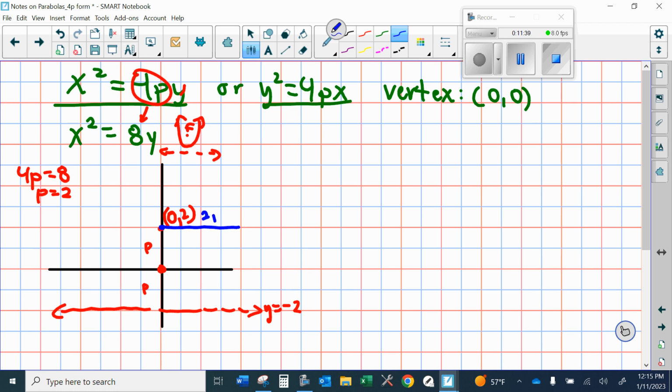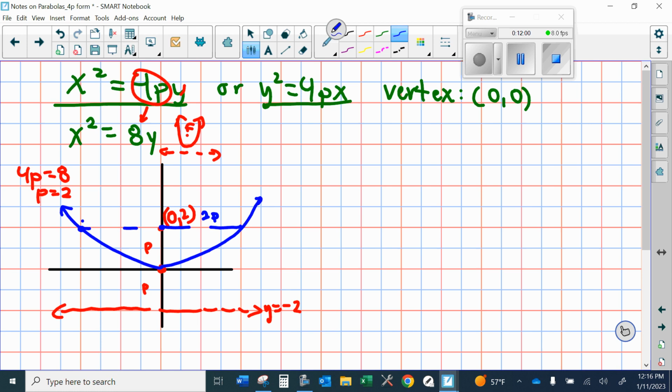This is 2p right here, and I go 1, 2, 3, 4. I shouldn't have made them solid because remember, it's not really there. Should have made them dashed. So make yours dashed. But I have 2 points right there. And so now I can just quickly do my sketch of my parabola right through those.